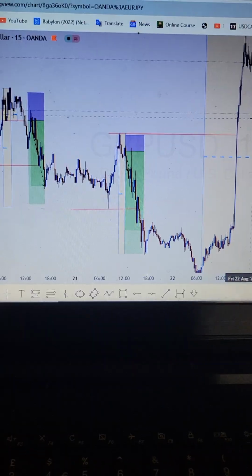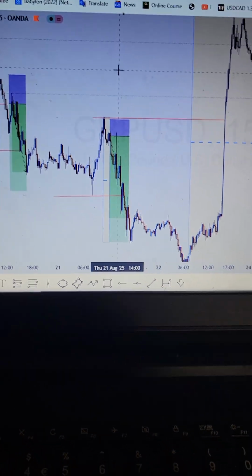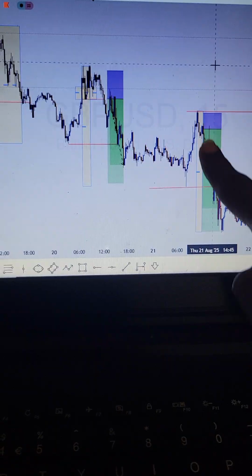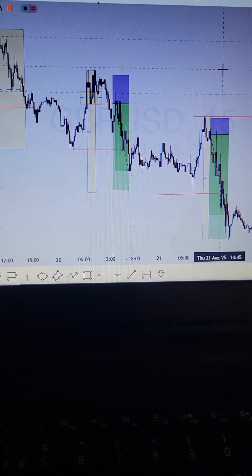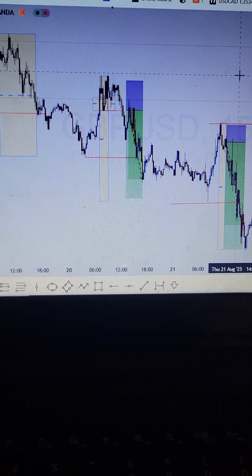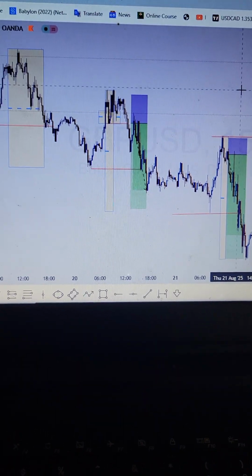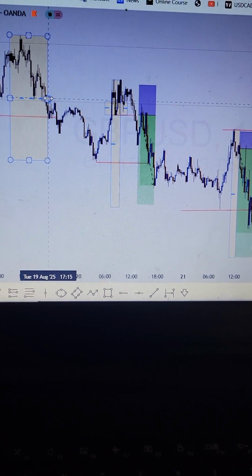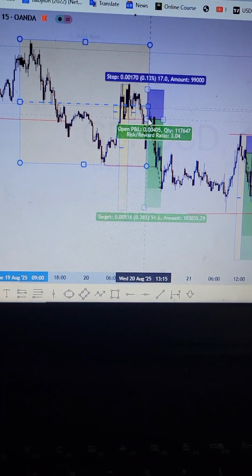So currently, as you can see on my chart, how I was able to get this trade, and this trade, I'm going to be showing you all right now. Last week I took 3 trades and they all resulted as wins. As you can see, here is the Fibonacci level.